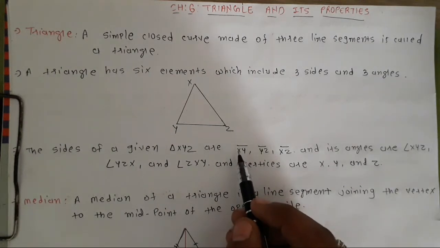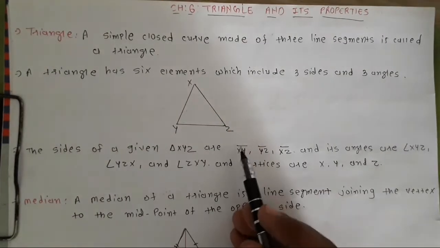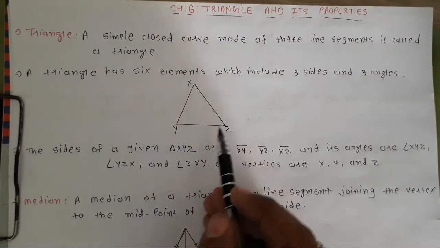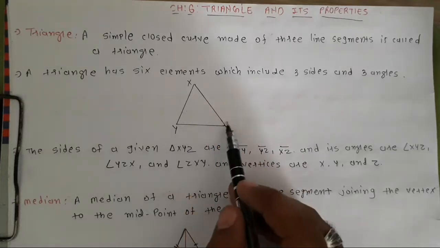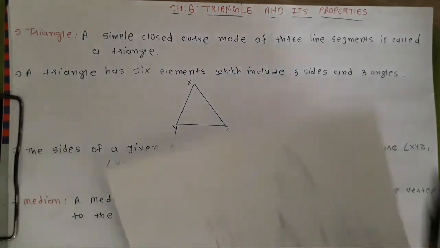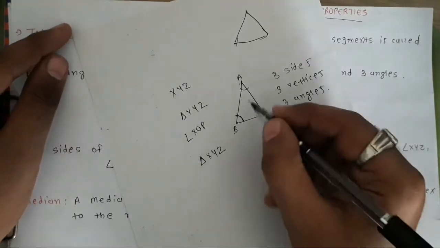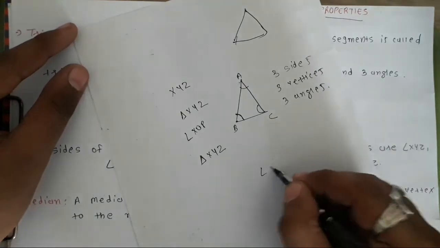Or we can also read line segment XY, line segment YZ and line segment XZ, and its angles are angle XYZ, angle YZX and angle ZXY. Whenever a particular angle has to be denoted, for example angle B, I can write angle ABC.